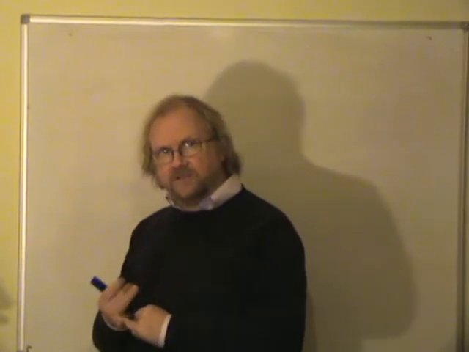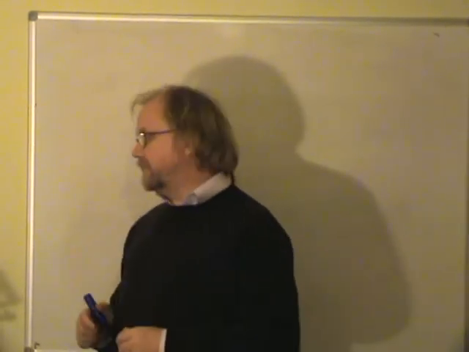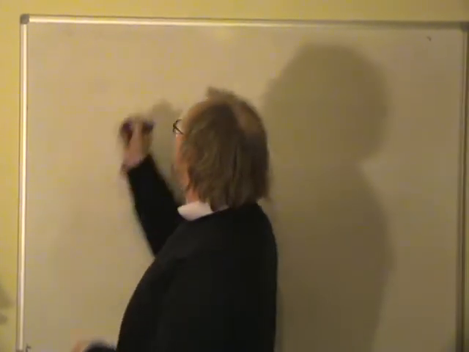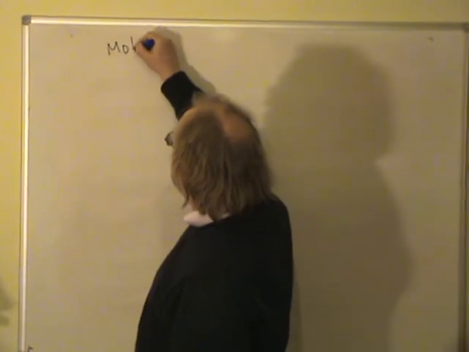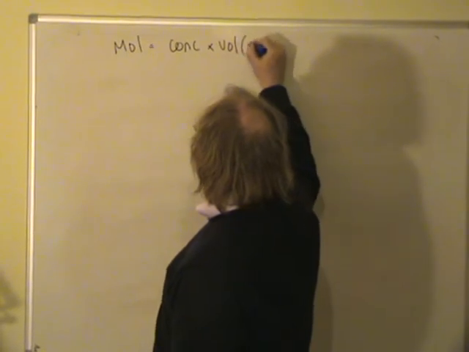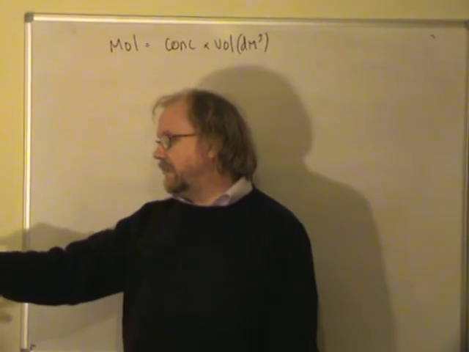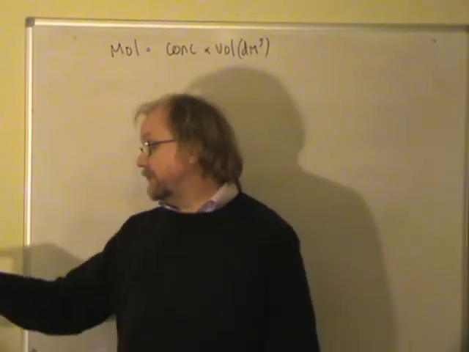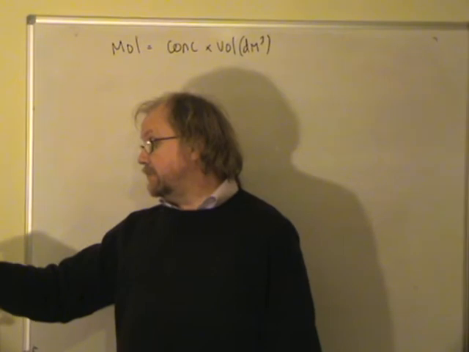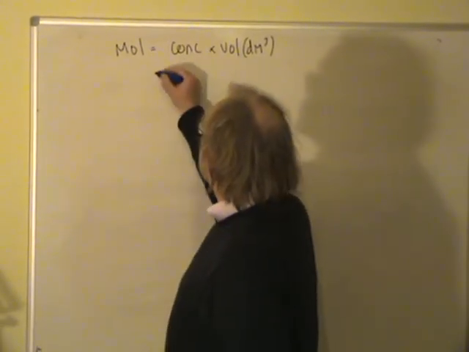And the starting point always in a titration is you've got to identify the substance whose concentration you know and whose volume you know, so that you can get your number of moles of that substance to start with. So we've got moles equals concentration times volume in dm cubed, and the substance we can do that for is thiosulfate, because you can see in the very last line of the information you're given, 24.6 cm cubed is the volume, 0.001 moles per dm cubed is the concentration.